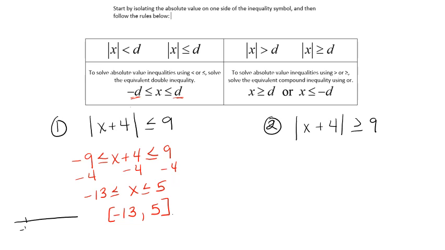So here's negative 13. 5 would be here. Brackets because it's or equal to, and it's all those numbers in between. When I substitute it in, it will give me an absolute value less than or equal to 9. So if I chose 0, which is in between those numbers, I would get 4, which is the absolute value that is less than or equal to 9.